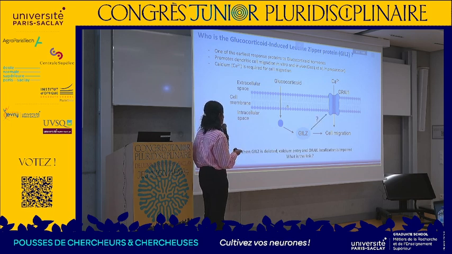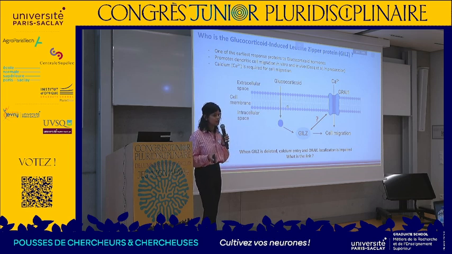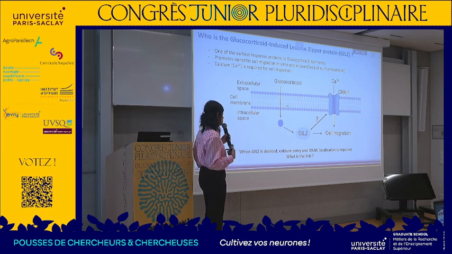Preliminary experiments in my lab showed that when the gene coding for GILs is deleted, calcium entry and the calcium channel ORI1 localization were impaired. This brings us to the question: what's the link between glucocorticoids and calcium signaling?